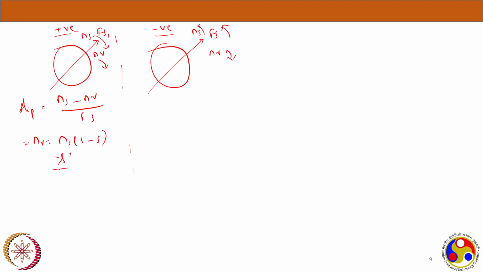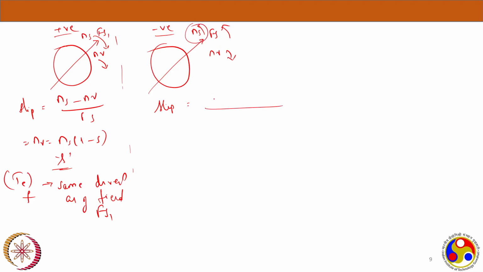So here the slip is s, and the field produced is forward, and the torque produced I am naming as forward, meaning F. The electromagnetic torque is also in the same direction as field fs1. Now if you see the negative sequence, your slip will be ns, but ns is in the opposite direction, so ns minus nr if you take clockwise as base.